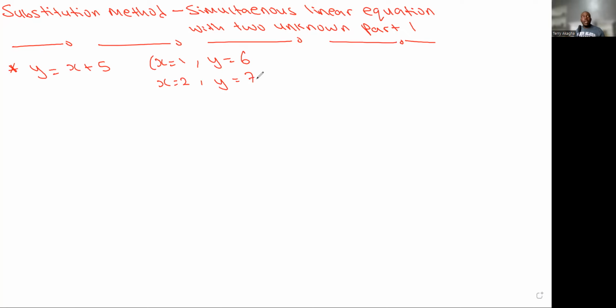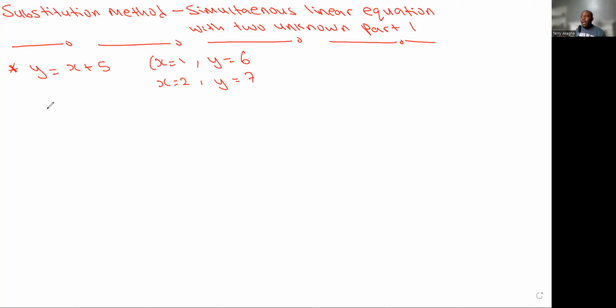But if we have two equations together, it's possible that they will have just one pair of answers for both x and y that satisfies both of them together.